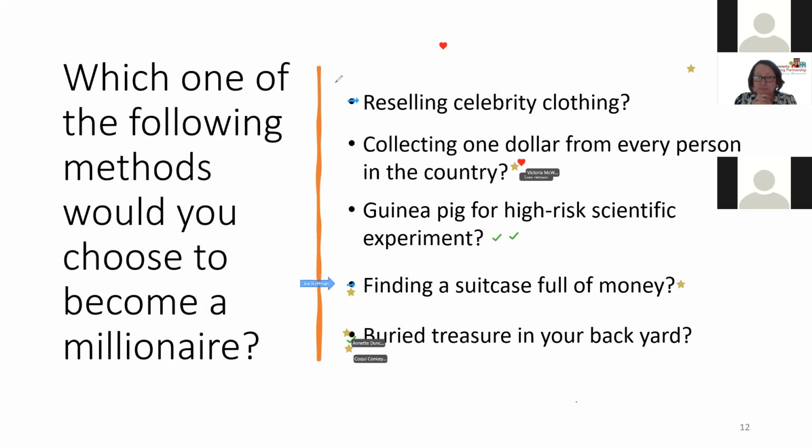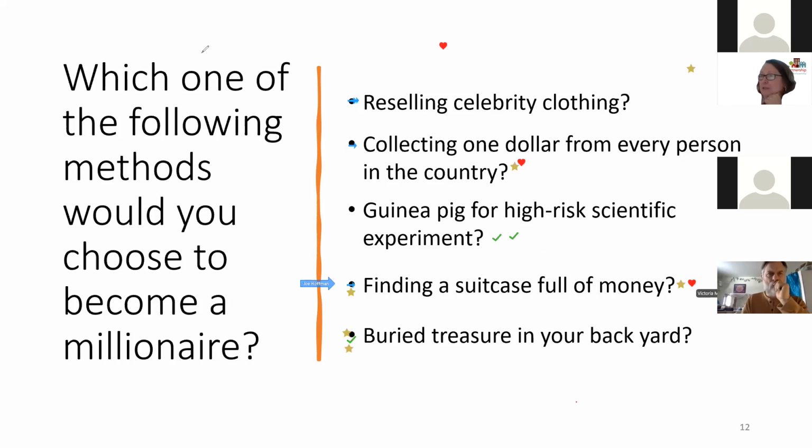I'm sorry, I'm not finding the annotate thing. So if you go up to the top of the screen, where you have all the features for screen sharing. I don't have any features for screen sharing showing. Try rolling your mouse over the top of your screen. Yeah, I am.